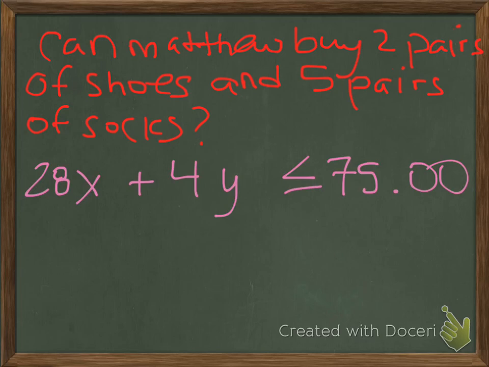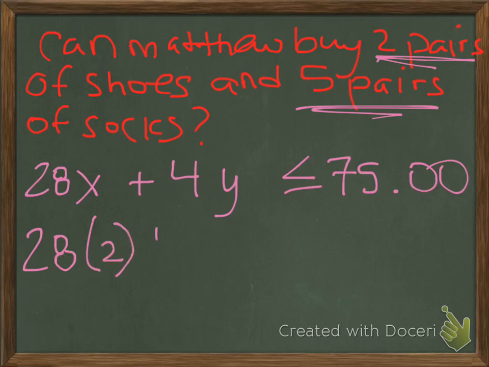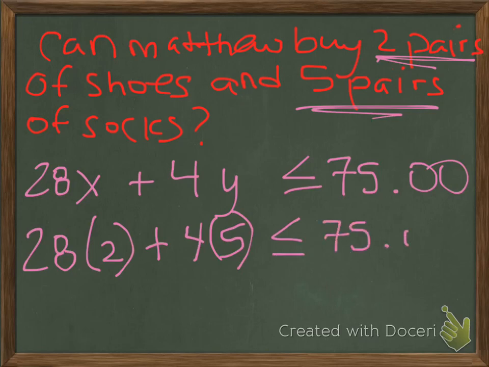And then the second part, to answer the question, can Matthew buy 2 pairs of shoes and 5 pairs of socks with what he has? We're going to plug in 2 for x, because that's our shoes, 5 for y, that's our socks. We're going to see if this makes a true statement.